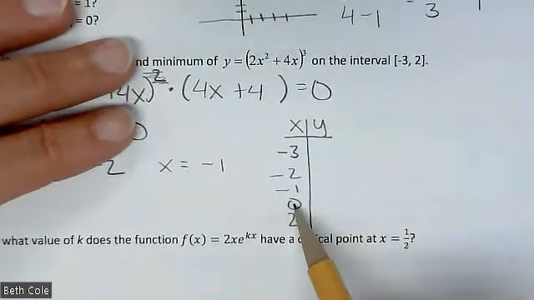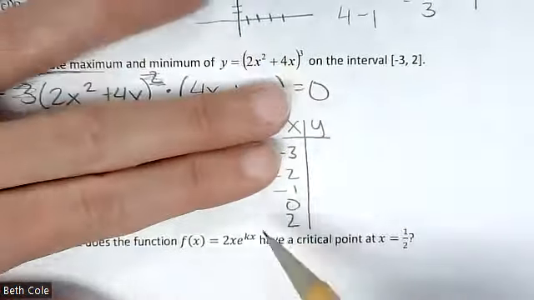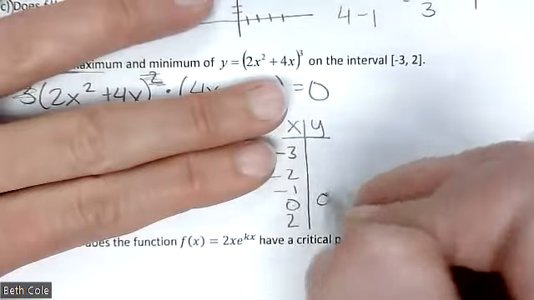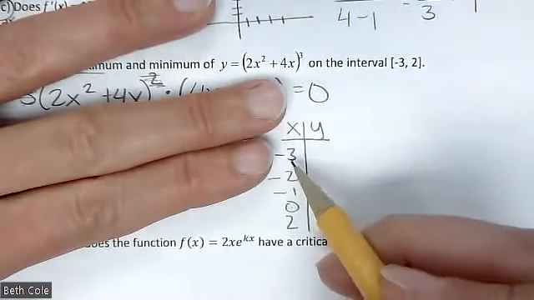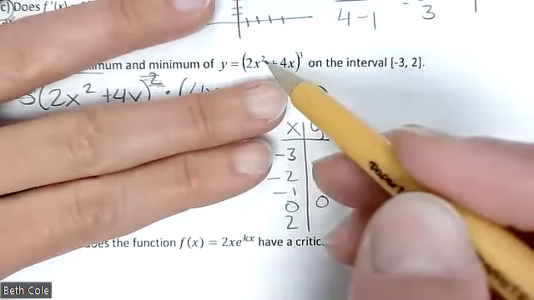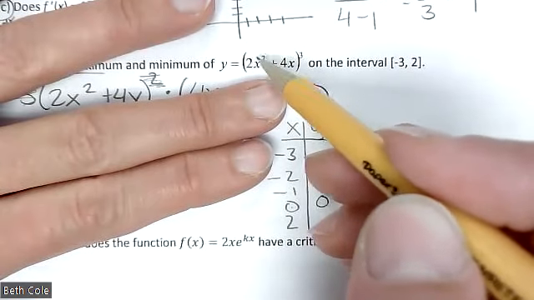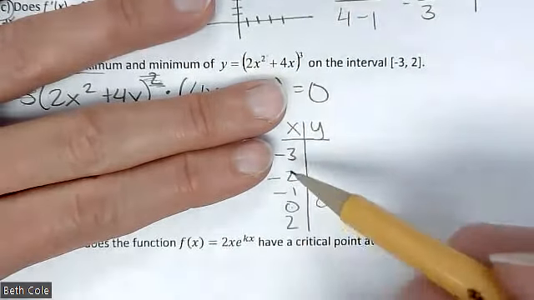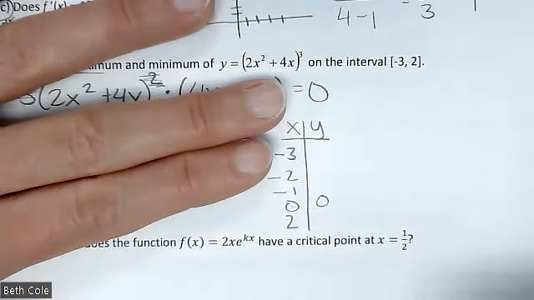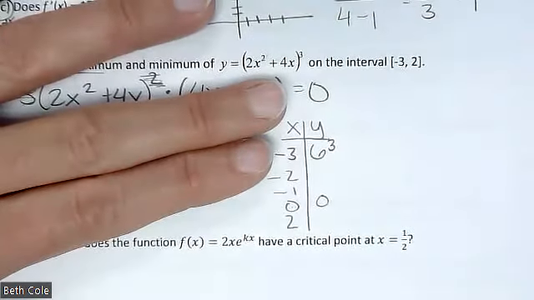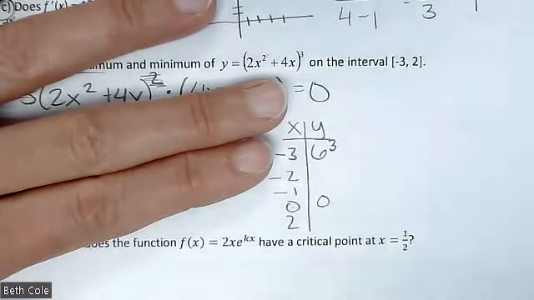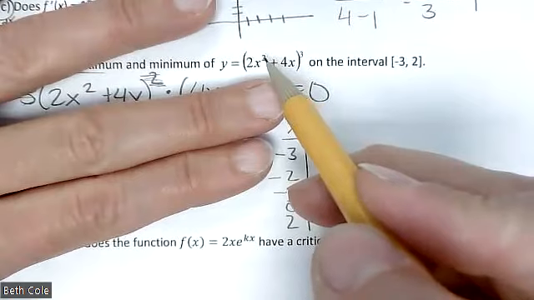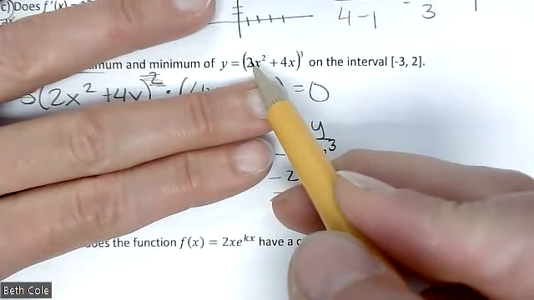All right, so if you plug in 0, I'm gonna just hop to that one first because I think it'll be easiest. The whole thing will be 0. That's kind of nice. All right, -3. -3 squared, 9, double that, 18. And then you would have -12. 18 minus 12, 6 cubed. I know that that's 216 just because I'm a math teacher, but there's nothing wrong with 6 cubed. So do that. All right, -2. -2 squared, 4, double that is 8.